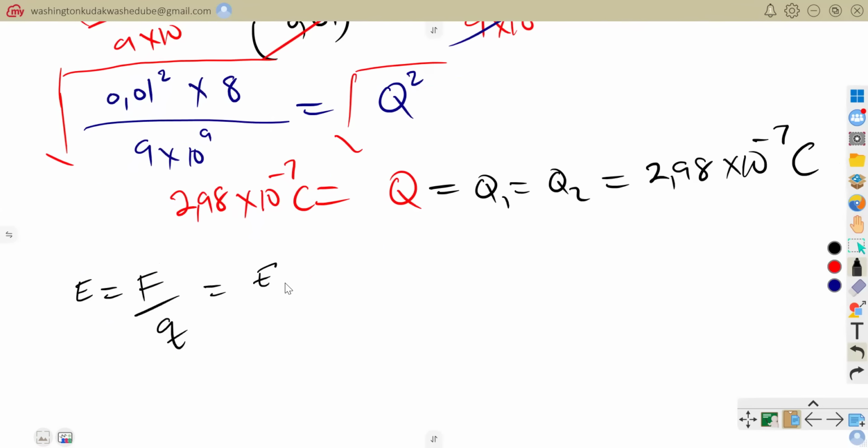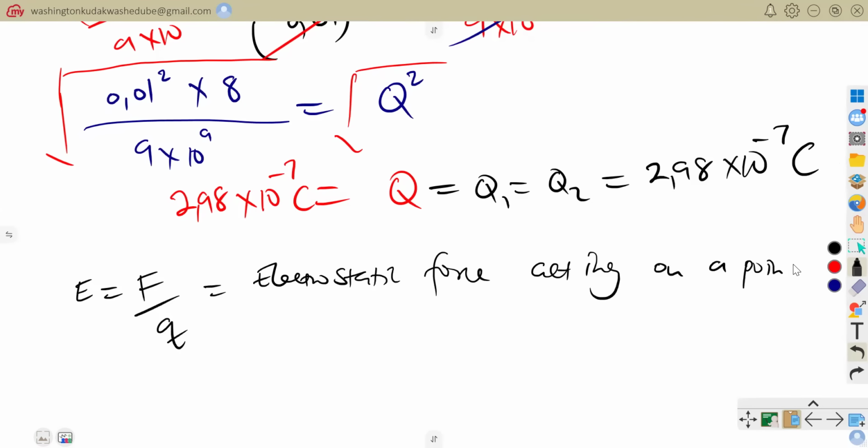So this is electrostatic force acting on a point charge. So the electrostatic force per unit point charge acting on a point charge.